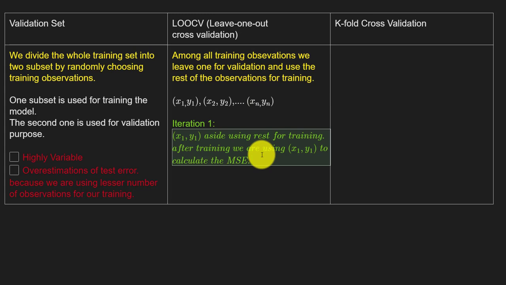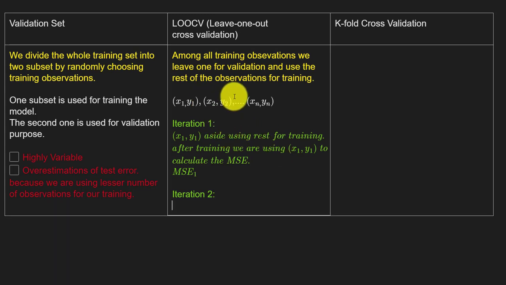Suppose in this iteration 1, the calculated MSE is MSE 1. Now in iteration 2, we'll do the same stuff. We will take the second one out and use the rest for training purpose, and use the second one to calculate the MSE again.